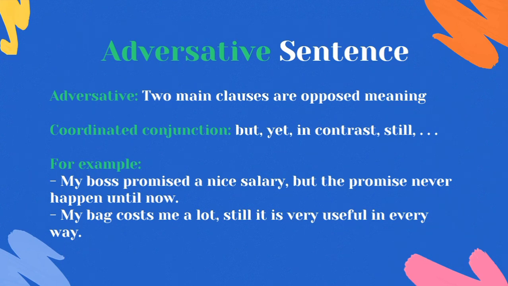For example, the first sentence: my boss promised a nice salary, but the promise never happened until now. We can see the conjunction but as the connector between these two clauses, and these two clauses oppose each other.